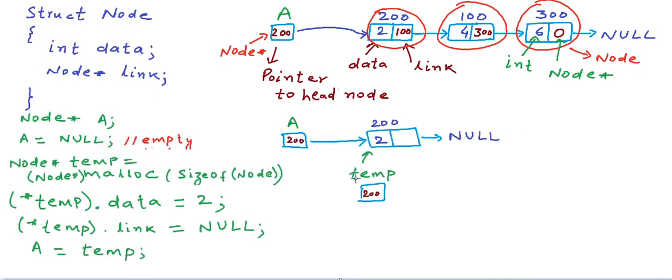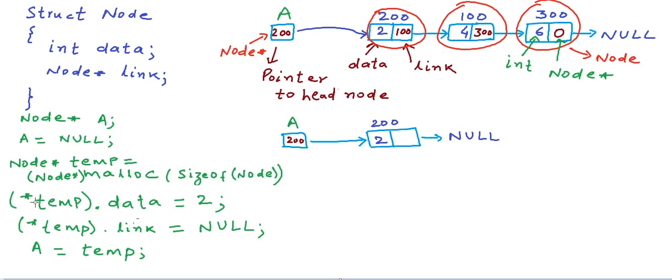Okay, temp was to temporarily store the address of the node till the time we had not fixed all the links properly. We can now use temp for some other purpose. Our linked list is intact now. It has one node. These two lines that we have written here for dereferencing and writing the values into the new node, there is an alternate syntax for this.